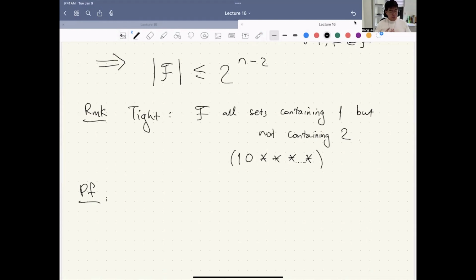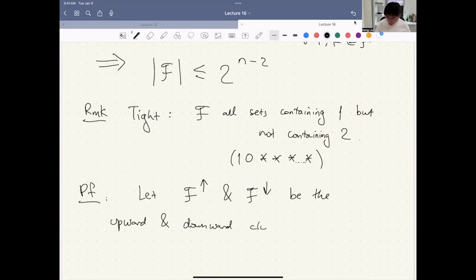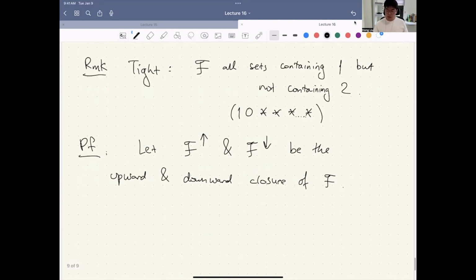So how we're going to do it is we're going to write it like this. Let F up arrow and F down arrow be the upward and downward closure of F. What does it mean?